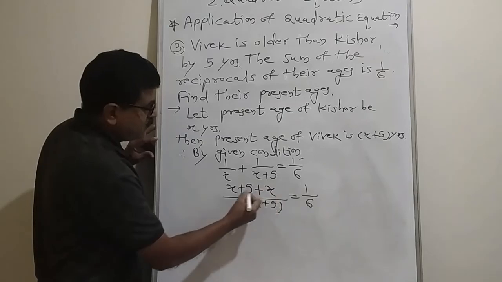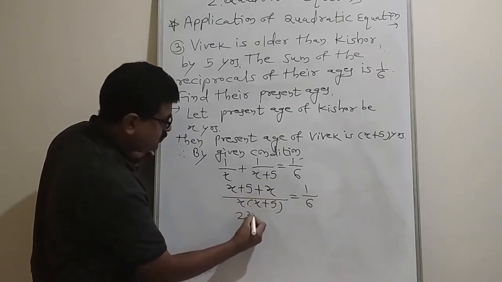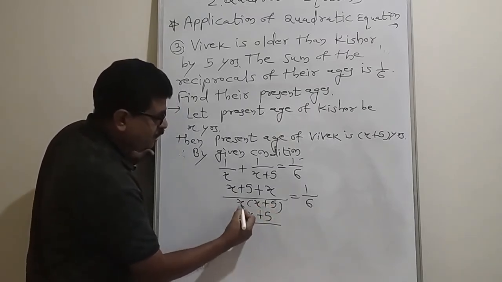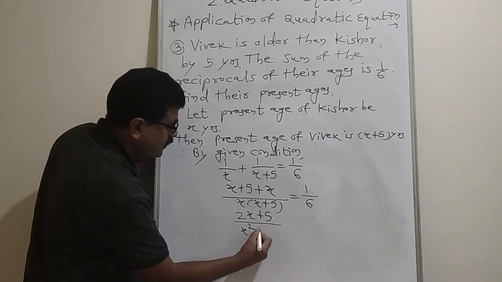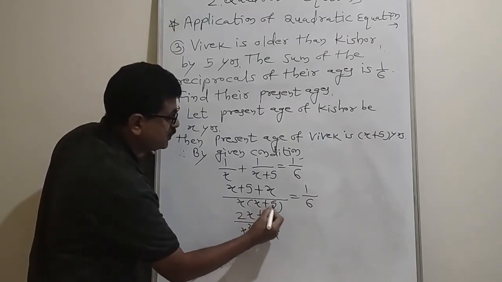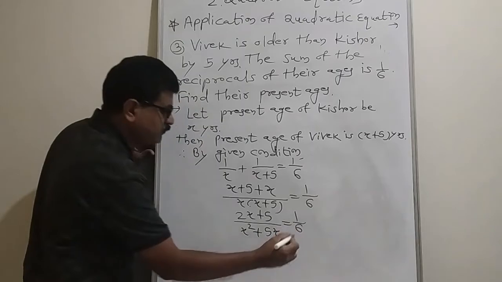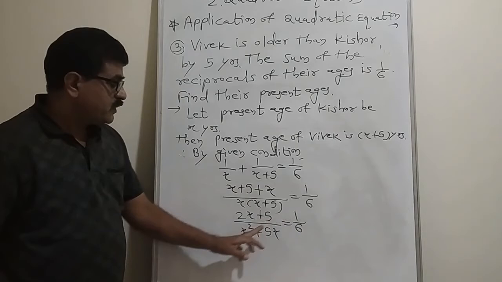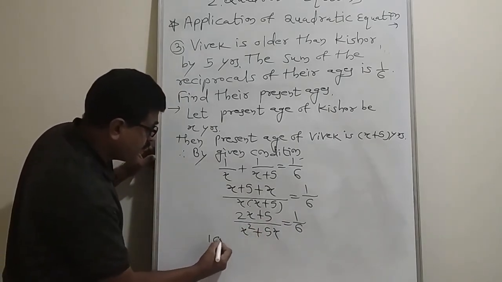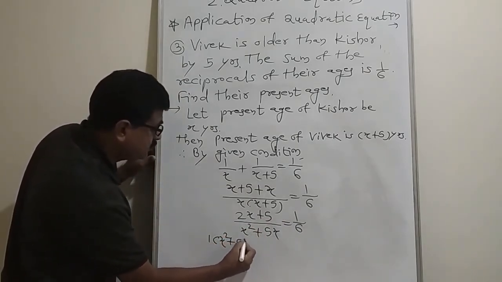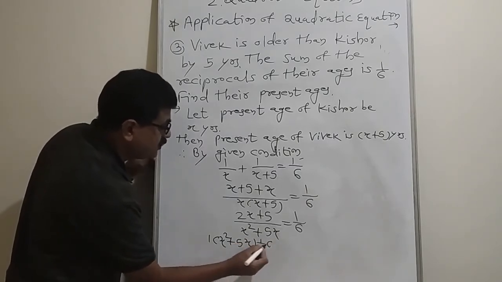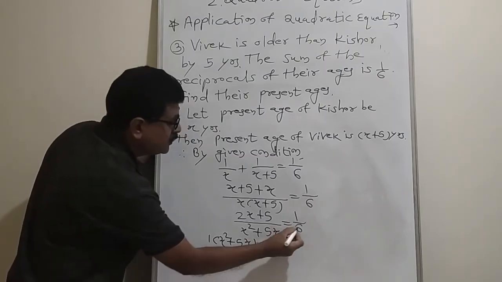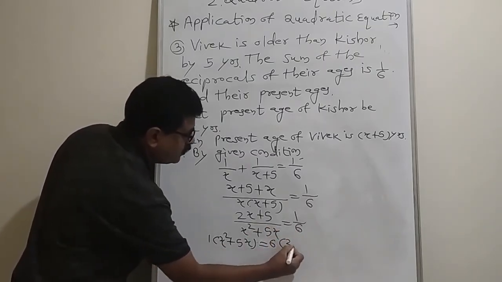Now taking addition in the numerator, x plus x is 2x plus 5, divided by, multiplying x into x plus 5, is x square plus 5x, is equal to 1 upon 6. Now taking cross multiplication, first write down 1 into bracket x square plus 5x is equal to 6 into bracket 2x plus 5.